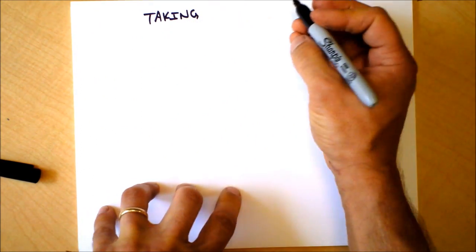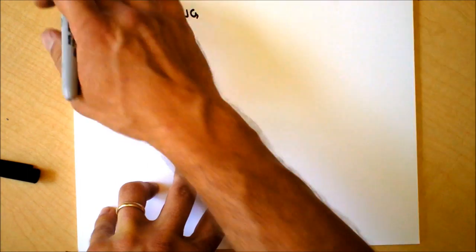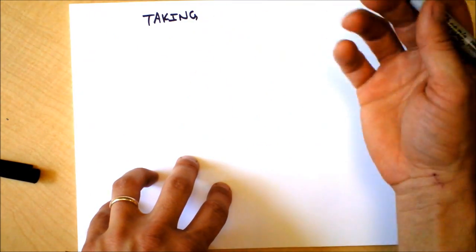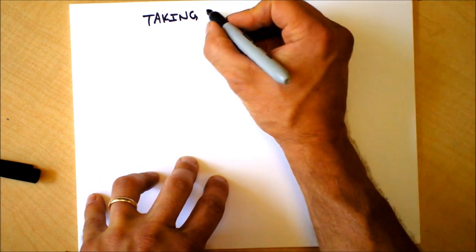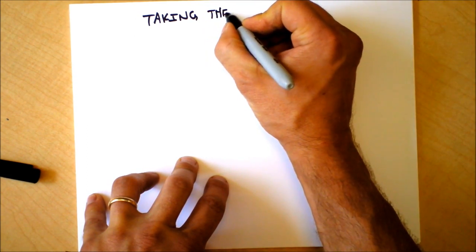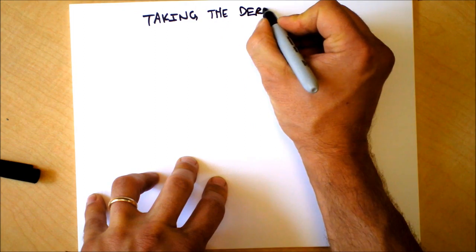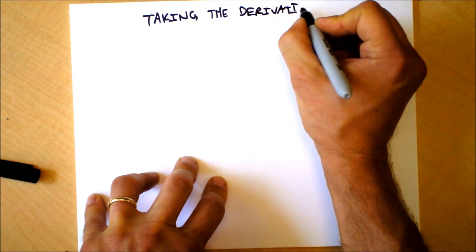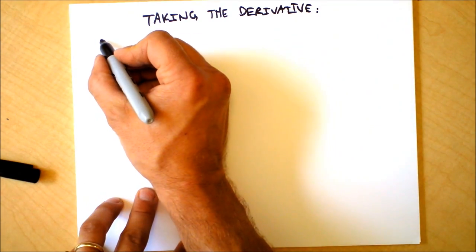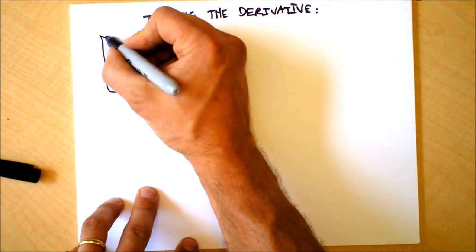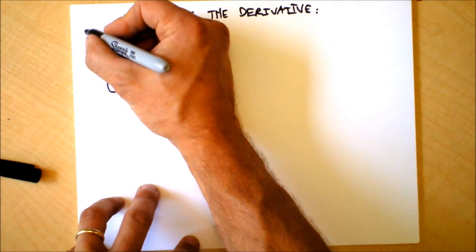And we've done this in physics already. So I'm just going to call up your memory of how position, velocity, and acceleration are related. Here we go, taking the derivative. Let's start with a function of a pig flying through the air.